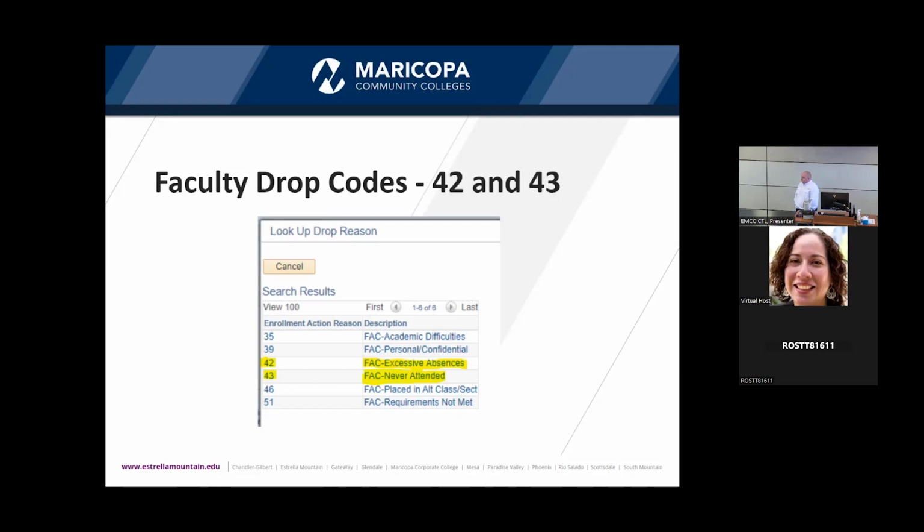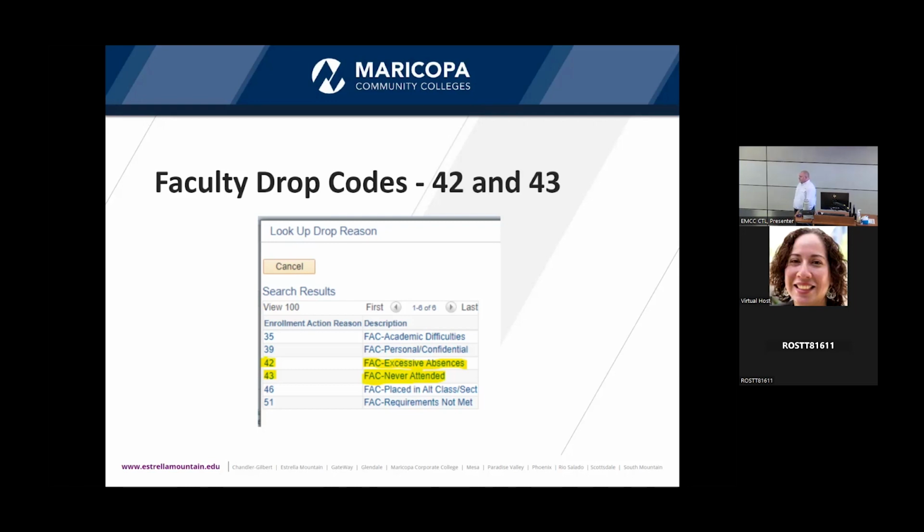But I hear you say that 42 may be a better code. If they've already missed the number of classes, then I would document it as 42. Okay. If they haven't done the excessive absence at this point, and you're past the date that the student can drop themselves, then it's really up to you which drop code that you use.